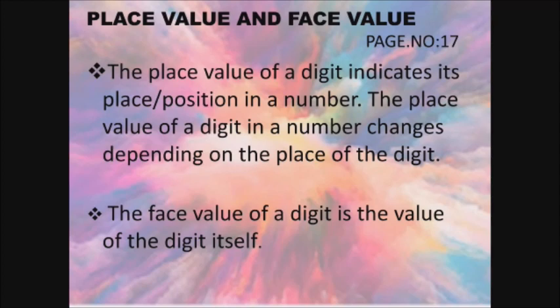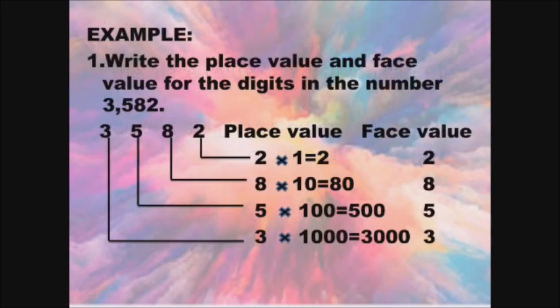So we can see some examples. Before that, let's see the face value definition. So what is meant by face value? The face value of a digit is the value of the digit itself.